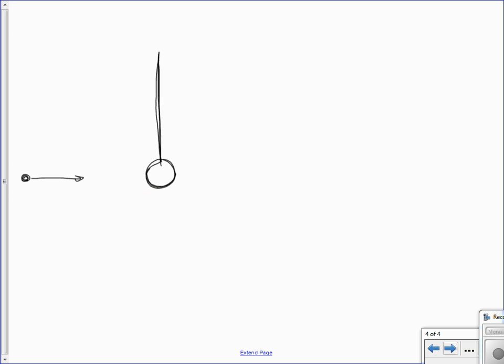And then later, let's say the bullet goes through, like in that one example we had. Well, this thing's now moving that way, right? And then it ends up swinging up to here.